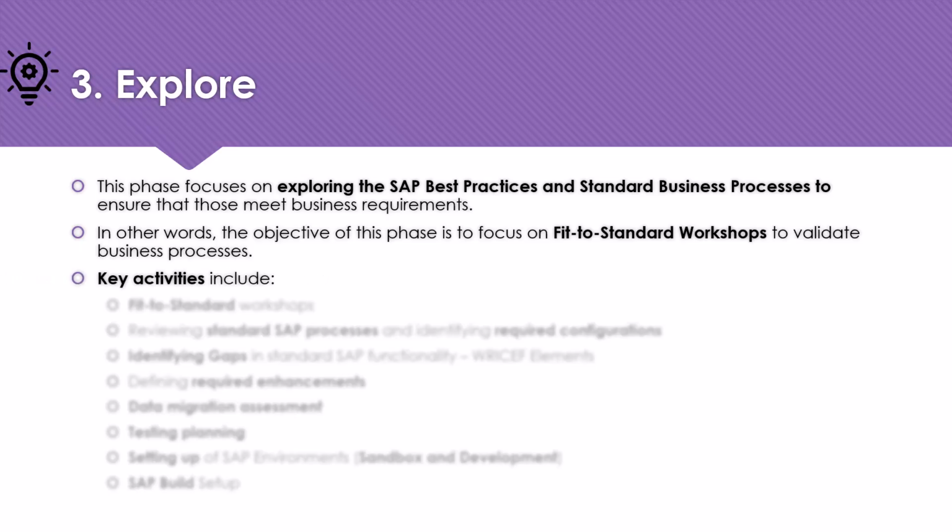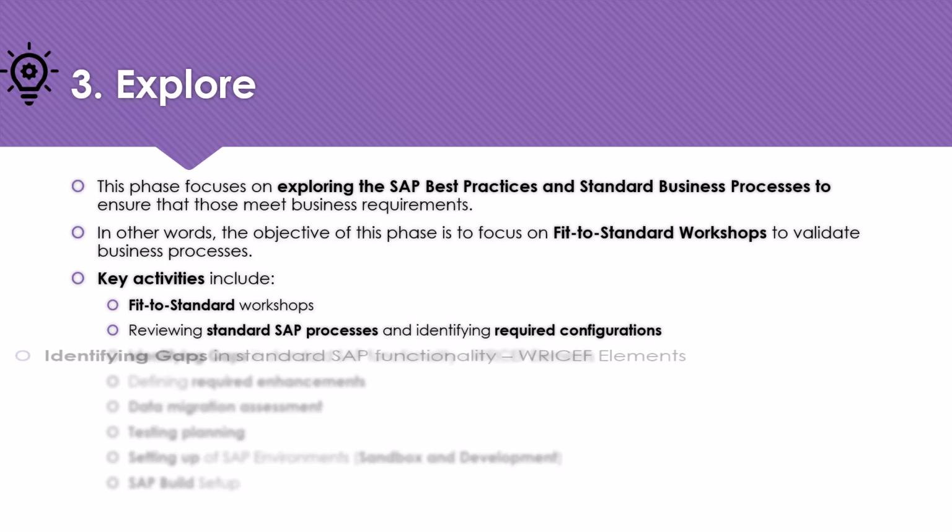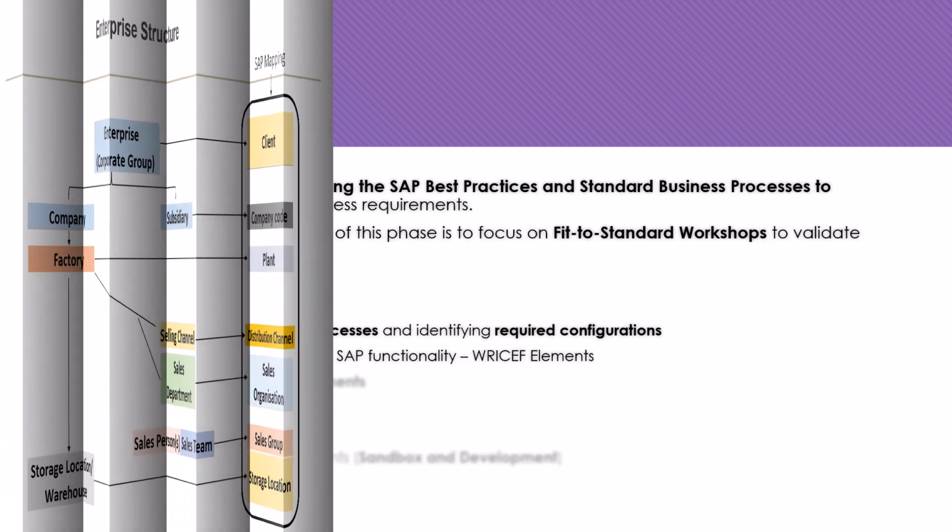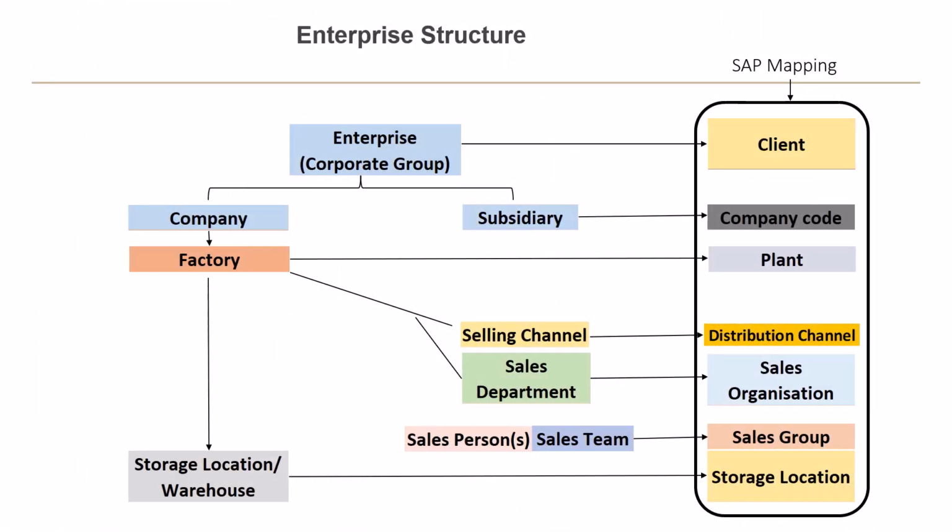Key activities include fit to standard workshops, reviewing standard SAP processes and identifying required configurations, identifying gaps in standard SAP functionality with RISE elements. In order to understand the gap, first we have to understand the fit to standard.